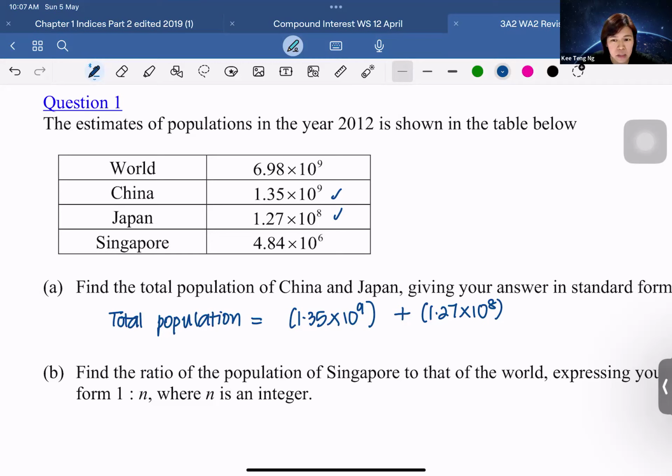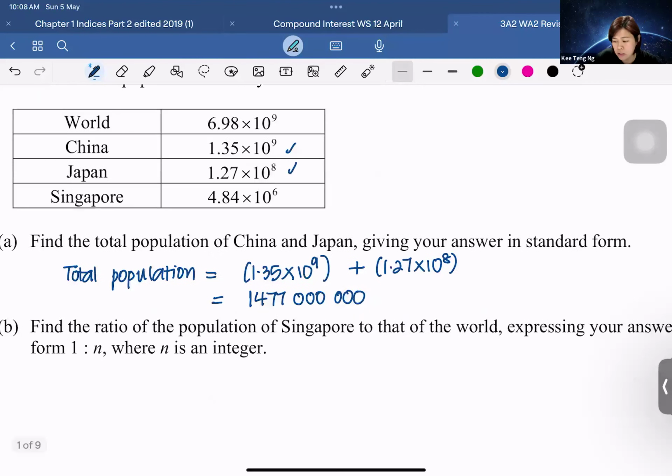Okay, so let me calculate the answers over here and take a look. 1.35 times 10 to the power of 9 plus 1.27 times 10 to the power of 8. That gives me a total of the number 1477, 1, 2, 3, 4, 5, 6.